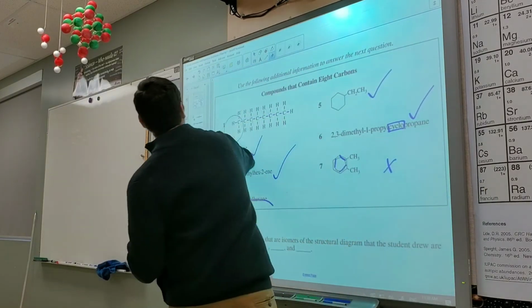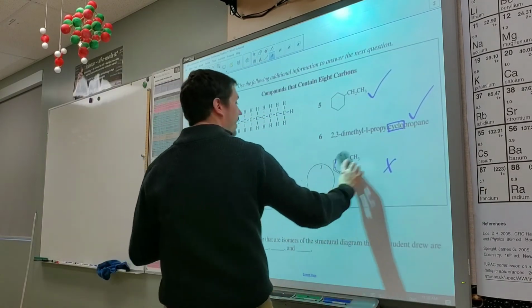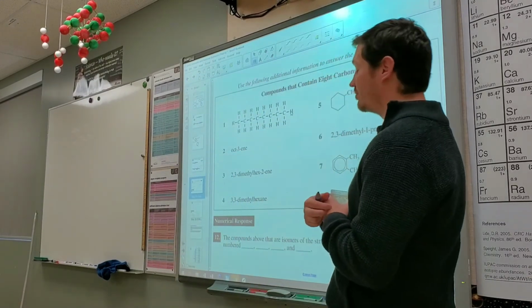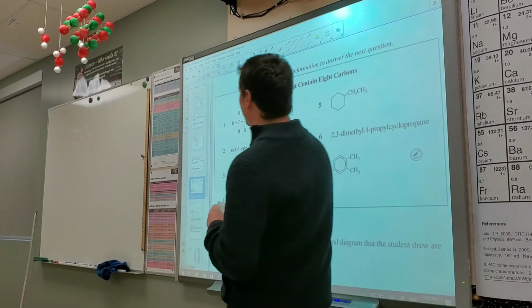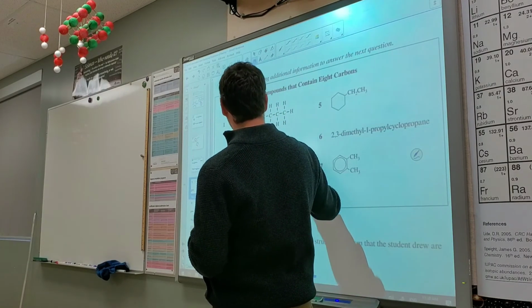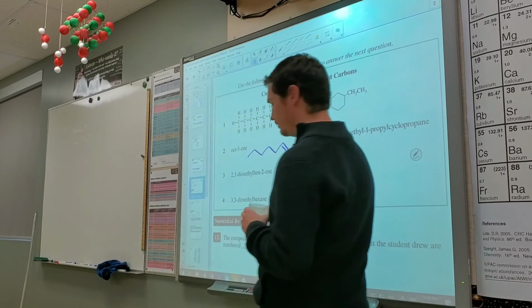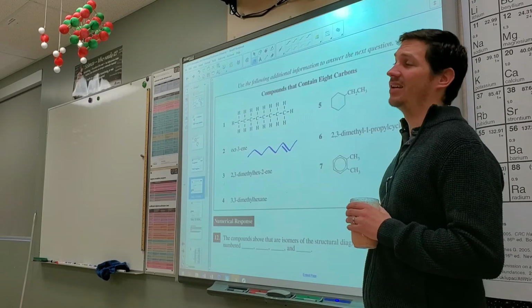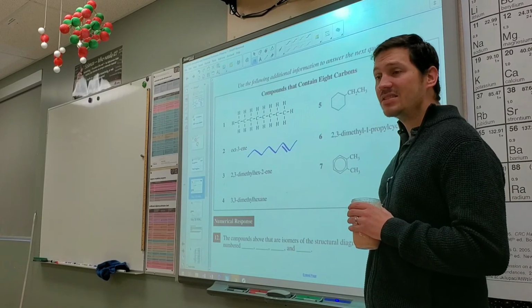The other way of going about it is by physically drawing out every single one of these names. Oct-3-ene, you go 1, 2, 3, 4, 5, 6, 7, 8, and then you have to count up all the hydrogens. That's such a pain.